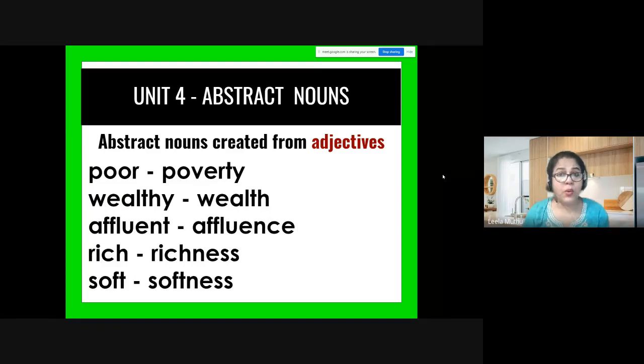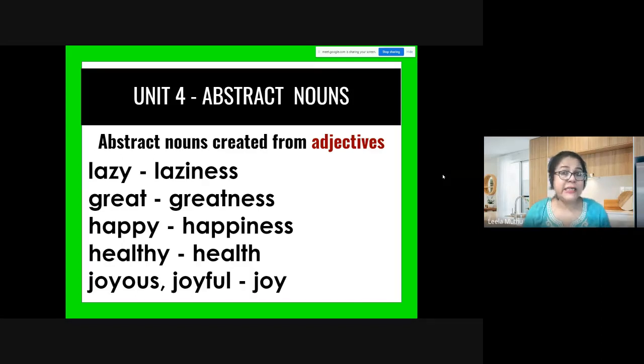Wealthy, wealth. Affluent, which also means having money. Affluent, affluence. Rich, richness. Soft, softness. Lazy, laziness. Great, greatness. Happy, happiness. Healthy, health.